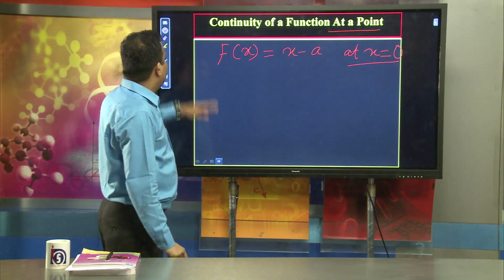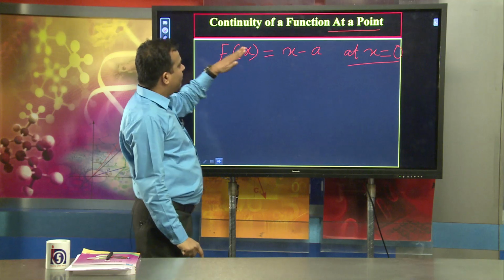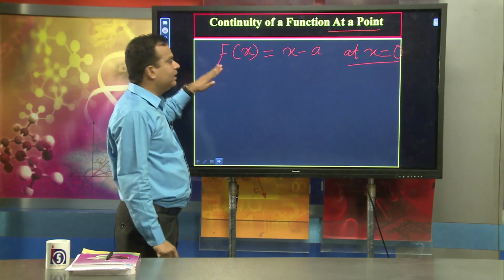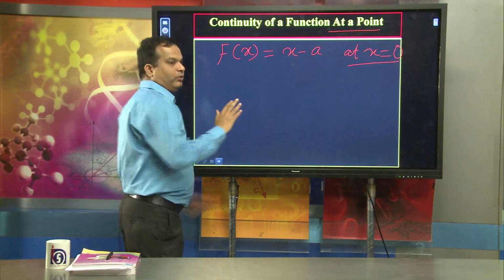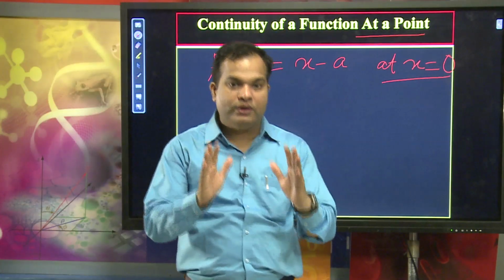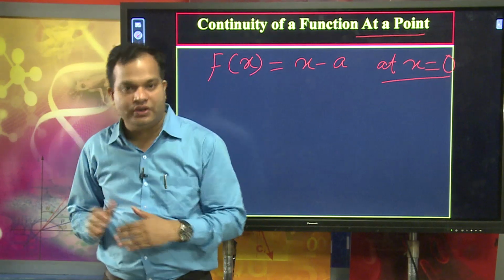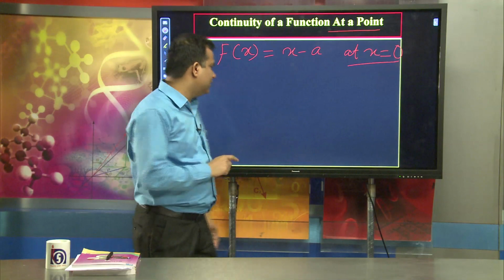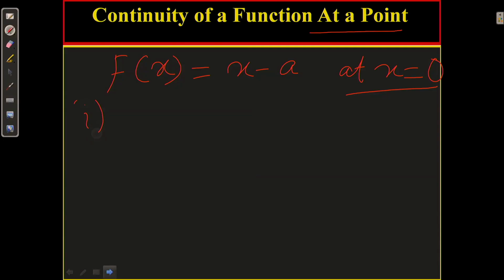When we are talking about f of x equal to x minus a, we have to check two things in order to show that the function is continuous or not continuous. The first thing is that the limit exists.